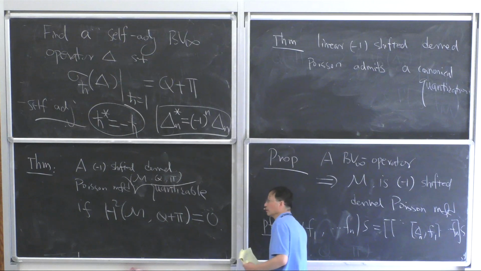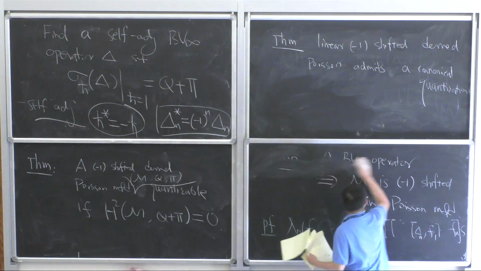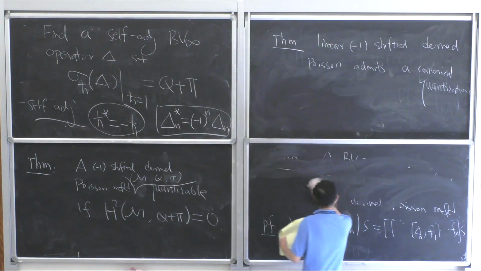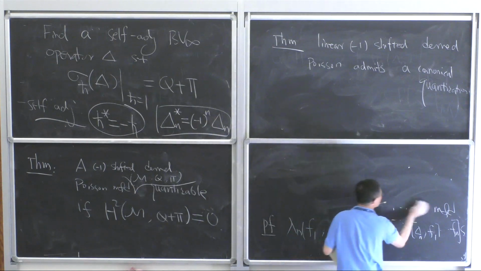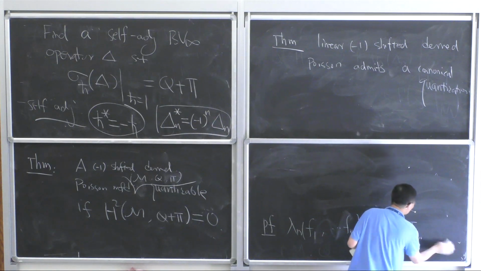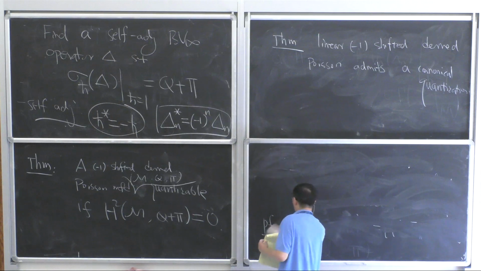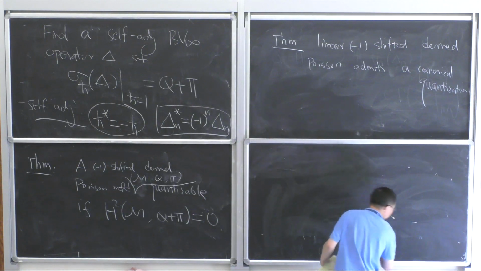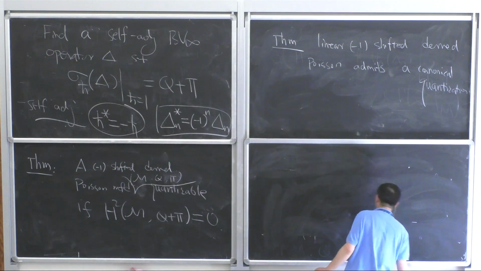The last one is for the derived intersection, which I gave you as examples. In fact, one can construct a very canonical quantization.